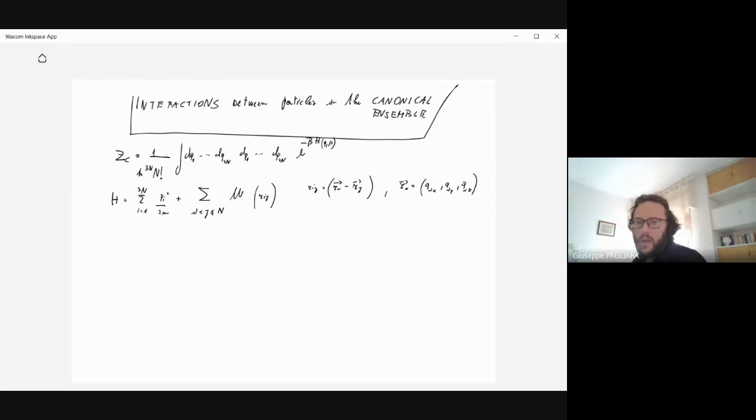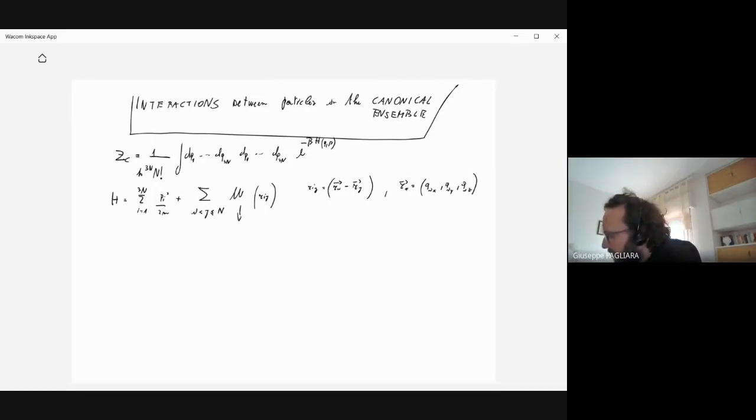Okay. I will come back. So here it is written in terms of the canonical variables of analytical mechanics, whereas this is the vector notation for the position of the particles.